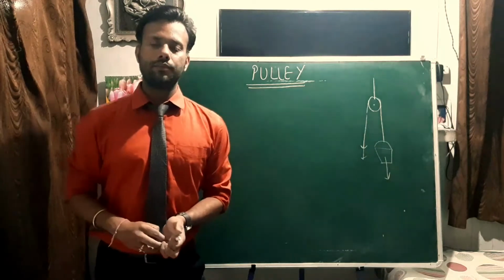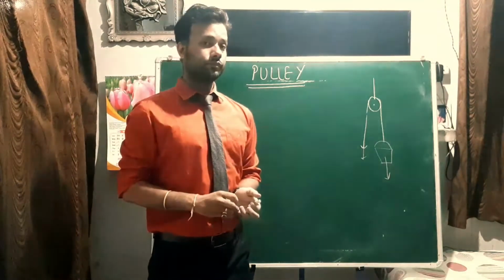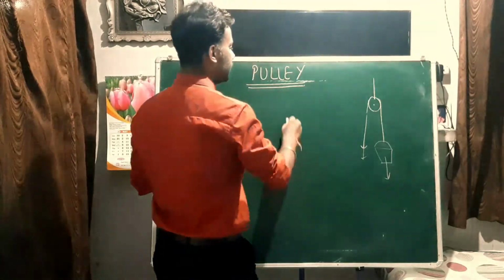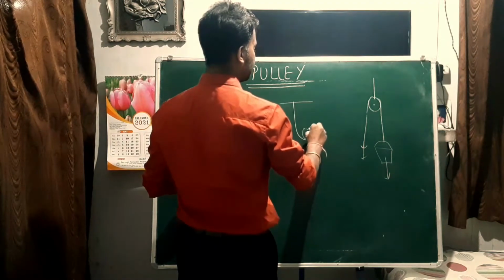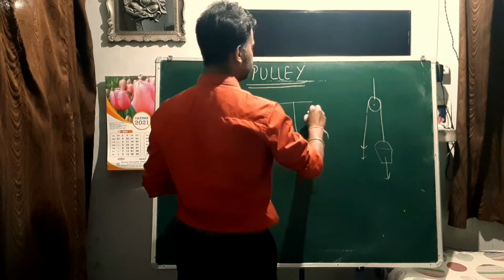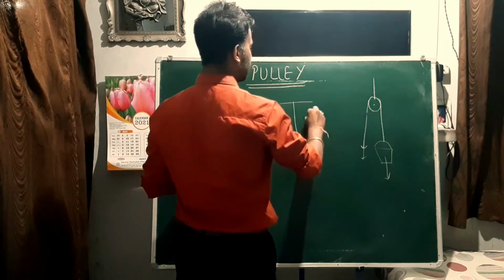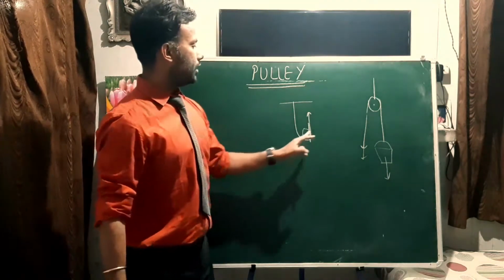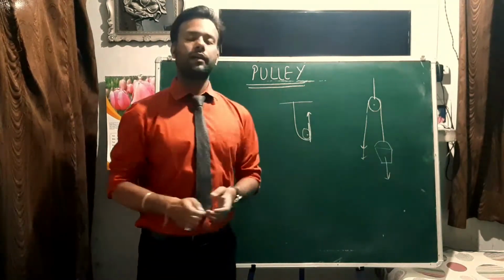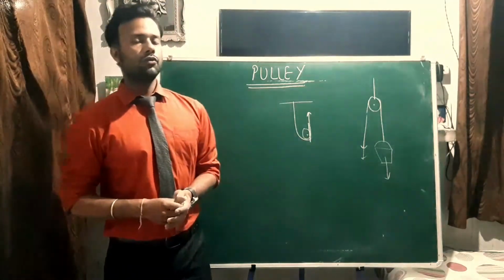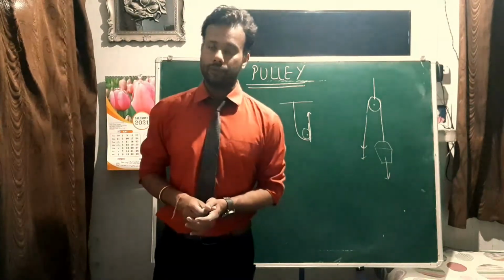So this is the example of a fixed pulley. And if we tie the pulley like this, and we apply load upwards, you can see that the axis of the pulley can change. That will be known as a movable pulley, right?